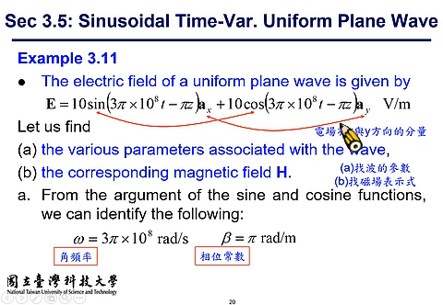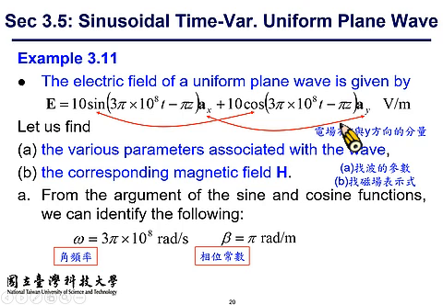And we can also derive more intuitive parameters such as the frequency f, which is in the form of omega over 2 pi. So accordingly, we know the frequency is 1.5 times 10 to the 8, which can also be shown as 150 megahertz, right?